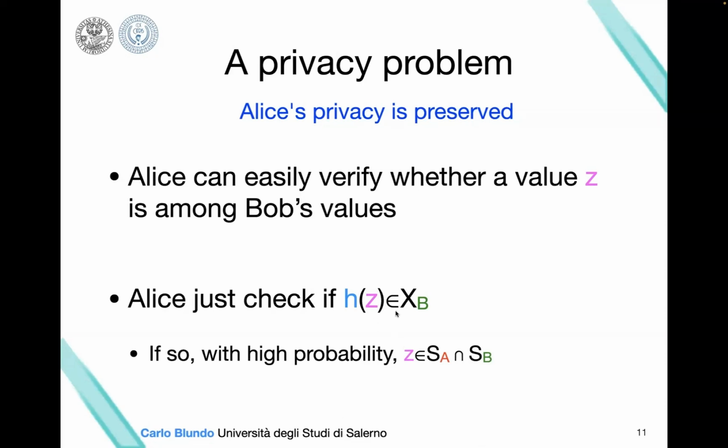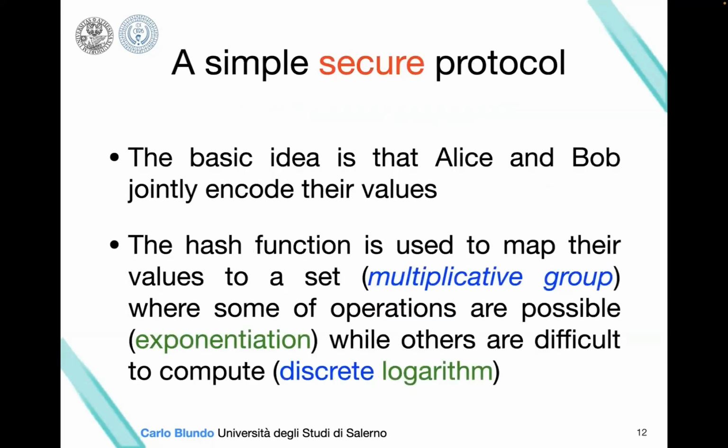She simply computes the hash function on z and checks whether the hashed value belongs to the set received from Bob. If so, then with high probability z belongs to the set SB. So the protocol is insecure. We cannot use it, but we can borrow some ideas from this protocol.